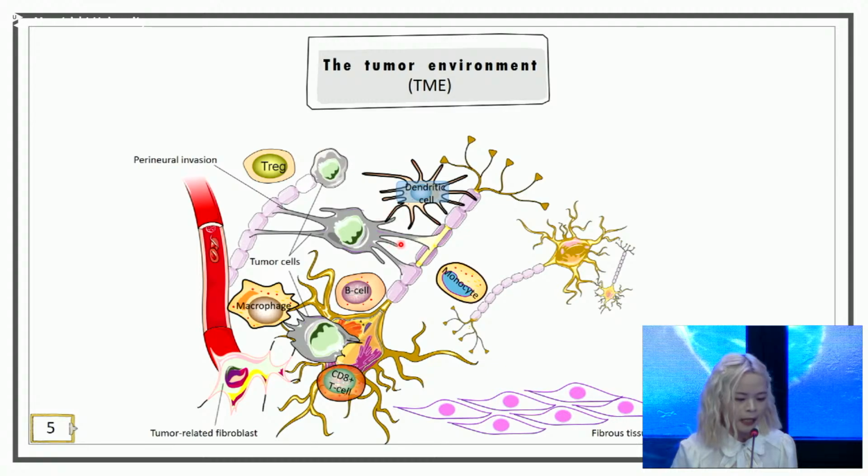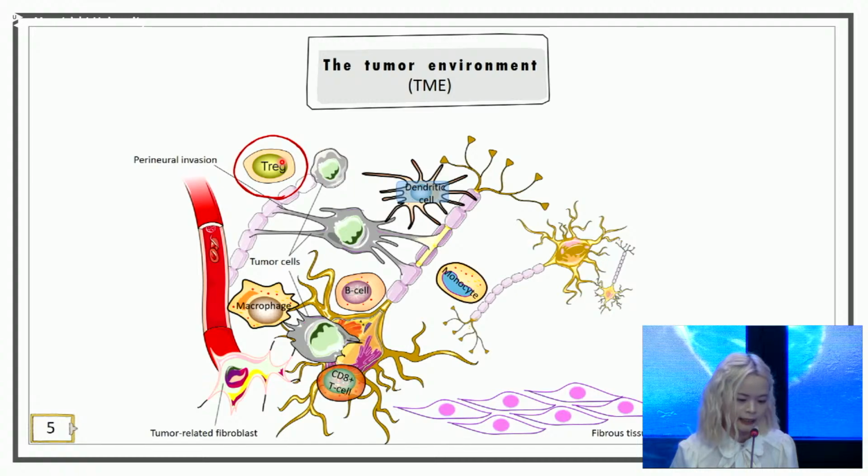The microenvironment is host to various cell subpopulations, and some of these cells play a dual role in tumor growth. For instance, immune cells have both stimulatory and inhibitory roles in the tumor microenvironment.